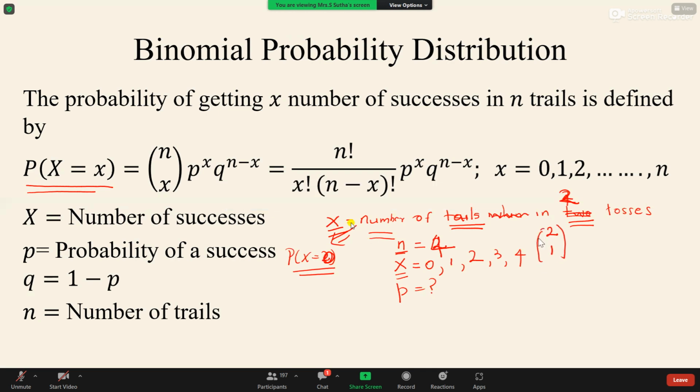So this notation tells how many times we can get 1 tail out of 2 tosses. Anyone, can you tell how many times we can get 1 tail out of 2 tosses? What are the possibilities to get 1 tail?